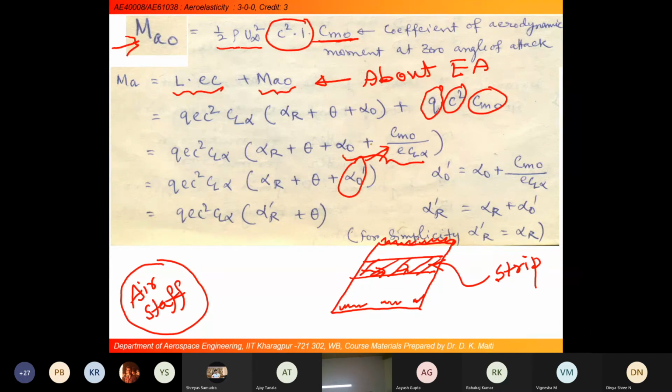Whatever I am talking about in the initial stage, when detailed structural information is not available, I have to idealize certain things. Based on the idealized concept, I'll be designing the aircraft. In the beginning phase, we may or may not consider aeroelasticity, but it is part of the design.